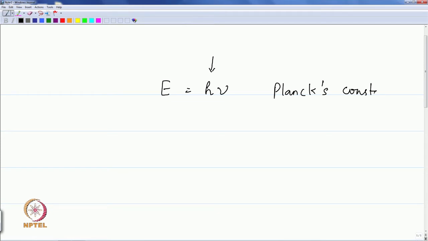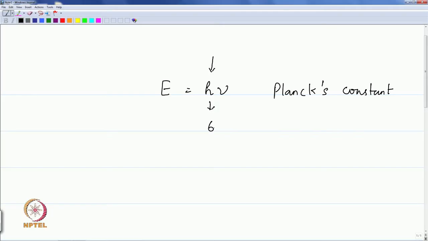He didn't call it, all the others did, since it was his fundamental contribution, and he proposed a value somewhere around 6.6 times 10 raised to minus 34 joule second. And since this is energy and frequency is per second, the dimension of the constant, the Planck's constant, is energy into time.